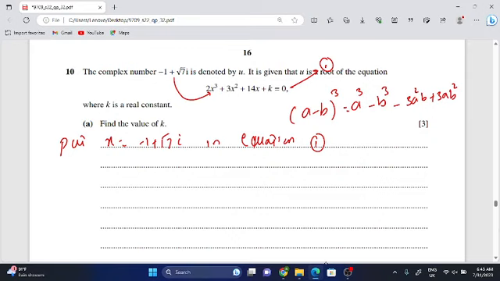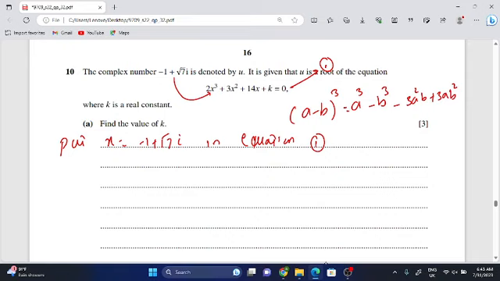Now the question arises why I put that. Because it is given to me that this mu is the root of this equation. And whenever some root of an equation is given to you, it means that after plugging the value of this root into this equation, your final answer should be equal to 0 by the factor theorem.